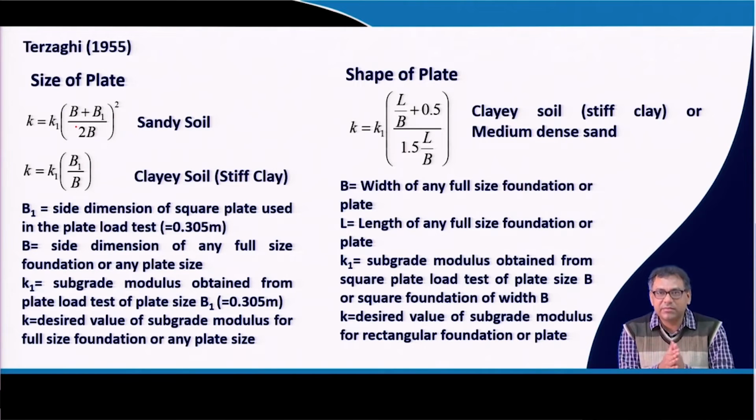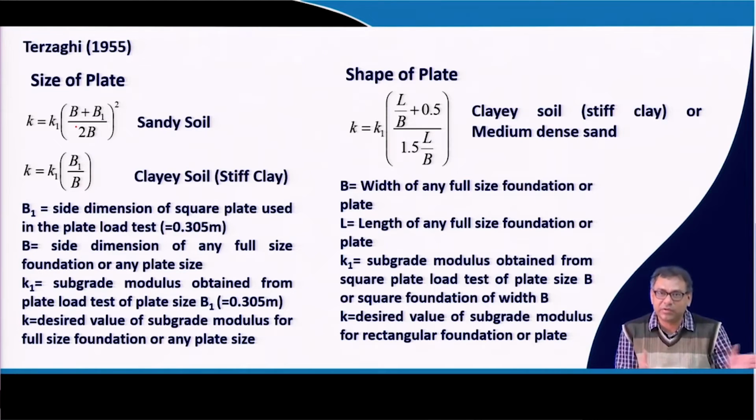Okay. And as mentioned, 75 centimeter is suggested by the IS code because it is observed that after 75 centimeter, if you further increase the plate size, not much variation in your result is observed. But those limitations are still there.